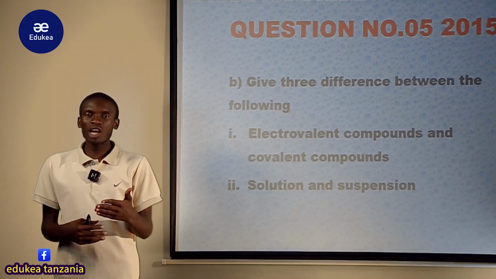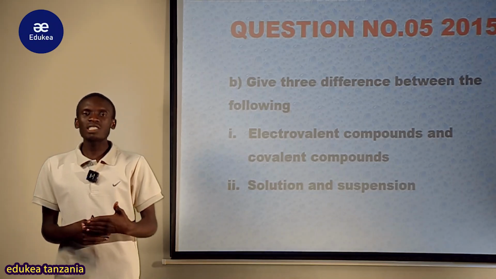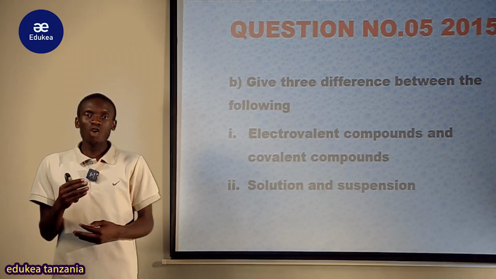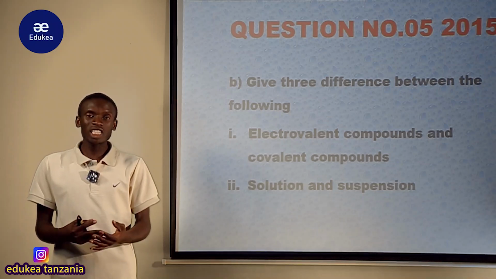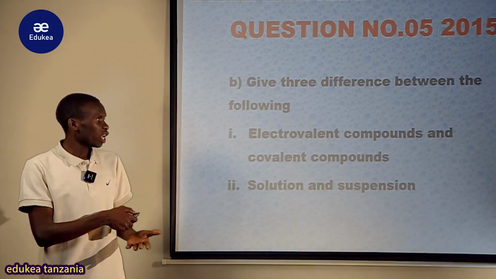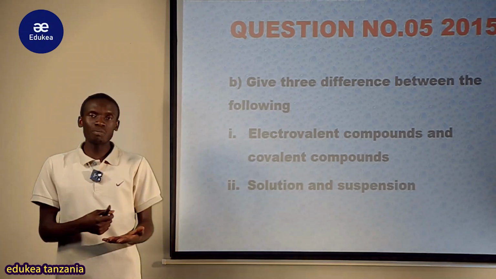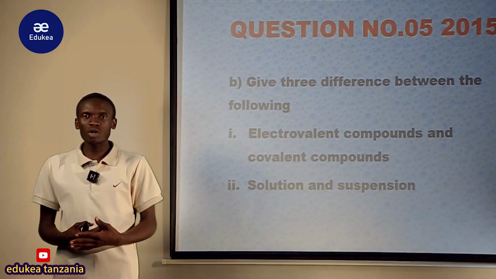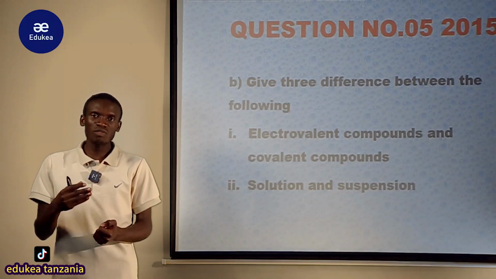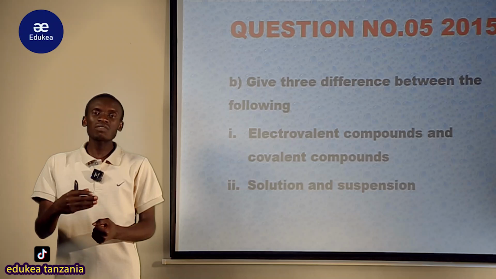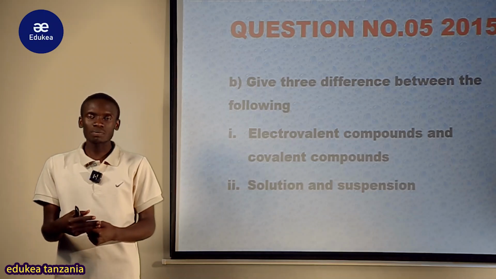Na ukishajua electrovalent bond na covalent bond, utakuja kujua covalent compound ni zipi na electrovalent compound ni zipi. Ni rahisi sana kudifferentiate, kwa sababu bondi zao zitakuwa zinafanana na sifa za compound.